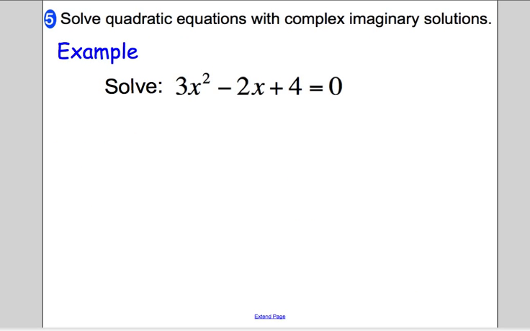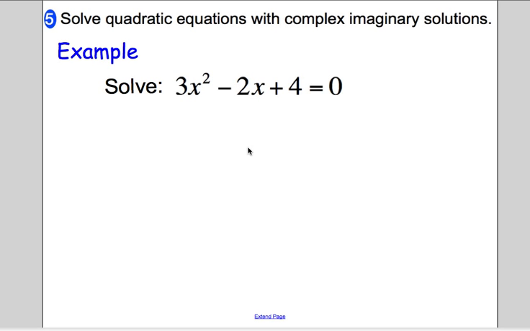The last objective for today, we're going to solve quadratic equations with imaginary solutions. So, if we take a look at this one, we can solve this in 2 ways. The first way to solve a quadratic would be to factor, or we can use the quadratic formula. Now, if I'm going to look at the factoring for a moment, if I multiply 3 times 4, remember a times c will go in the top of my diamond.